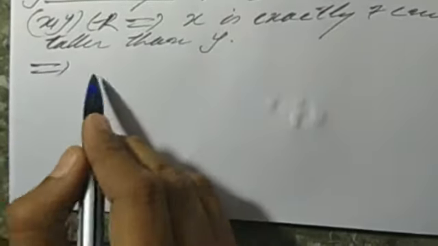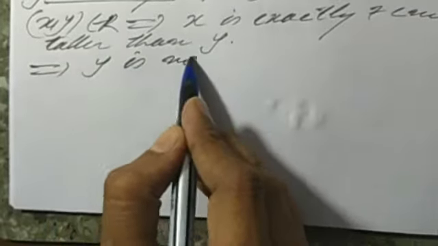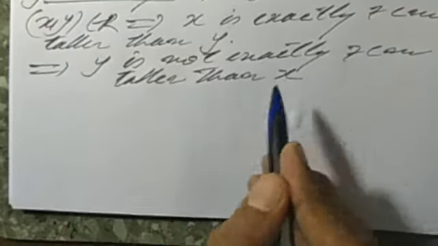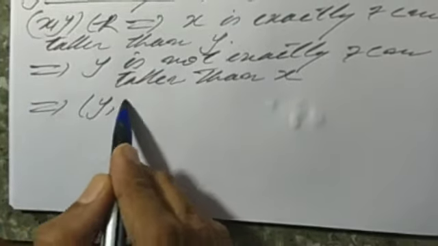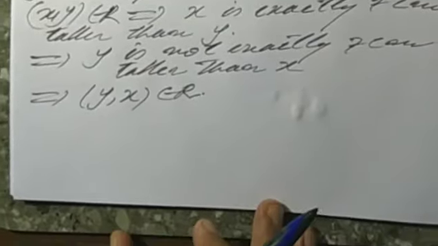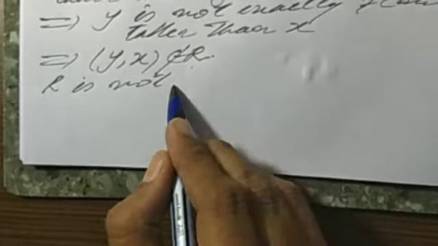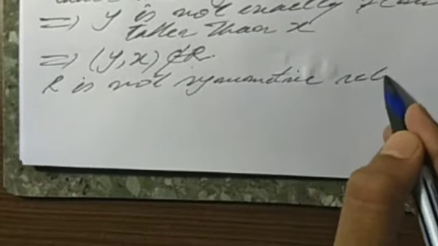So it implies that y is not exactly 7 centimeter taller than x. So it implies that (y, x) does not belong to R. So if (x, y) belongs to R, then (y, x) does not belong to R. So we may say that R is not symmetric also.